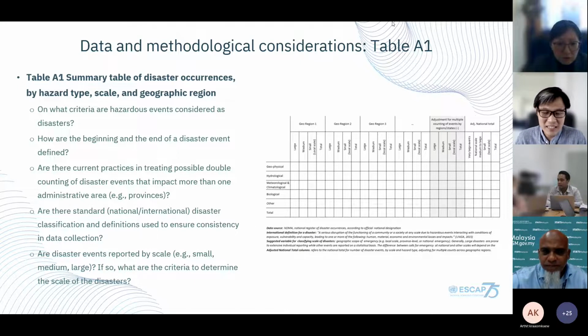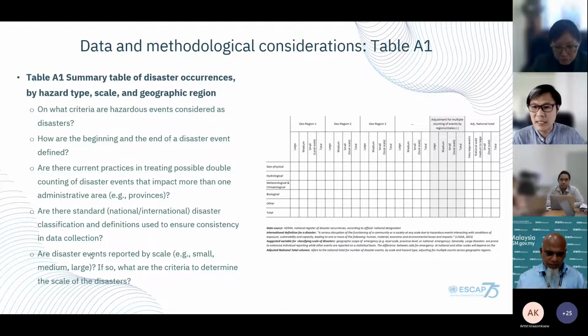Sorry, just on Table A1, we saw two experiences from Nepal and Thailand that are quite different in terms of reporting disaster by scale. In Nepal, currently there's no disaster report in terms of the scale of disaster, while in Thailand, they do have some classification of the size of the disaster.